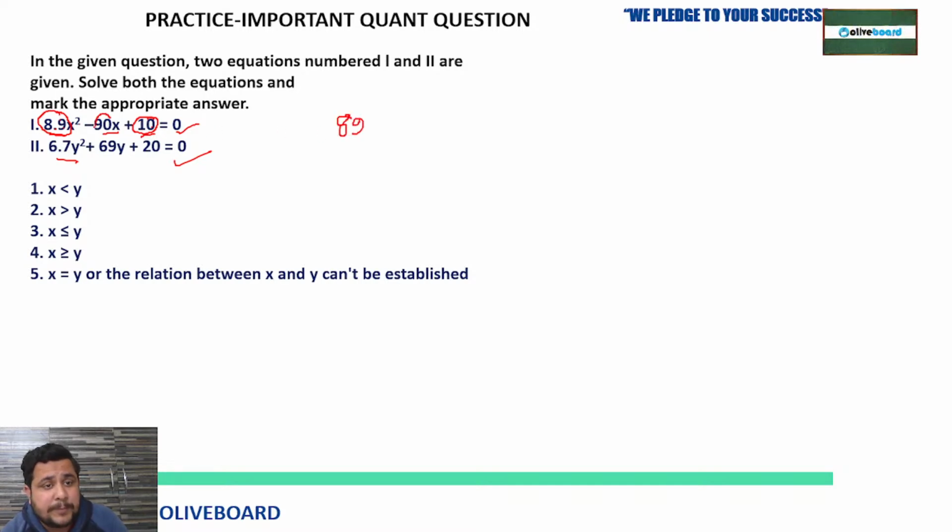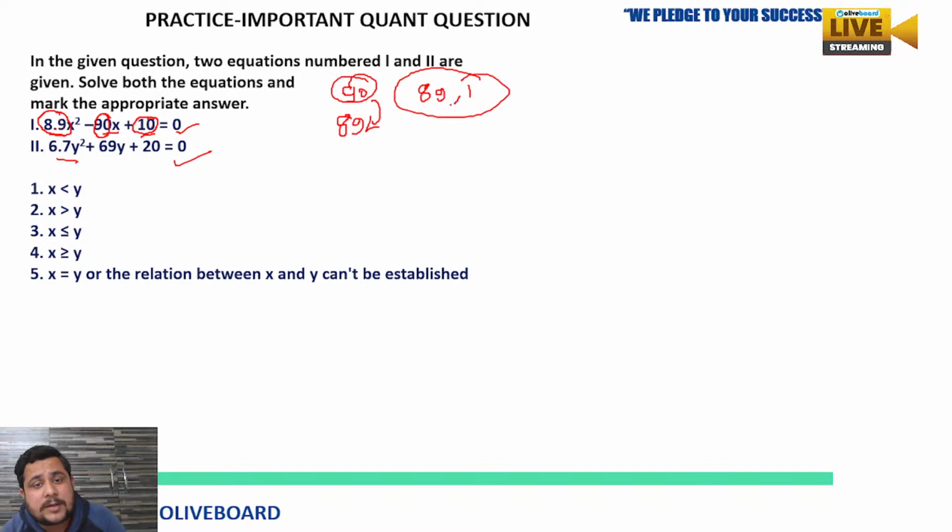So we have to break our middle term b, 90, into two parts. By multiplication we must get 89, and by addition we must get 90. So 89 and 1 are the factors, because 89 is a prime number. 89 plus 1 is 90, and 89 multiplied by 1 is 89. And the minus plus sign is given.